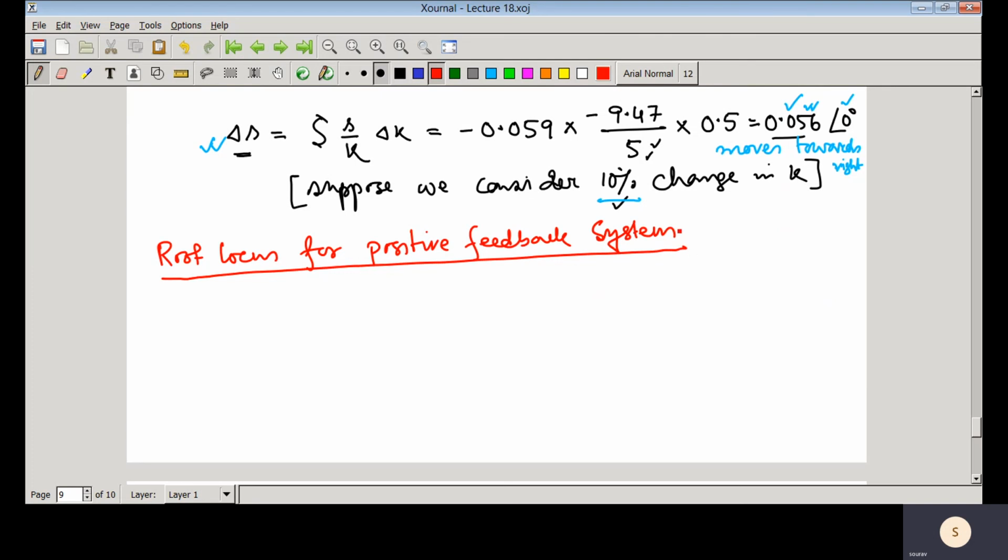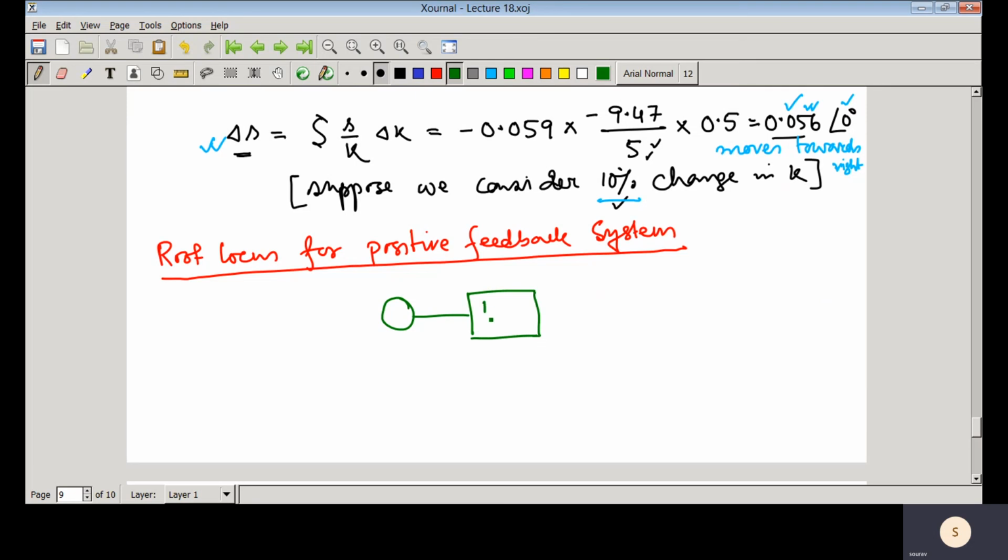Now I will just give you the idea. That means whenever we consider positive feedback structure, what would be the difference with the negative feedback structure that we have discussed so far.